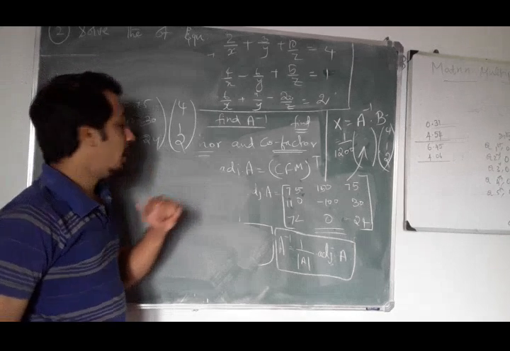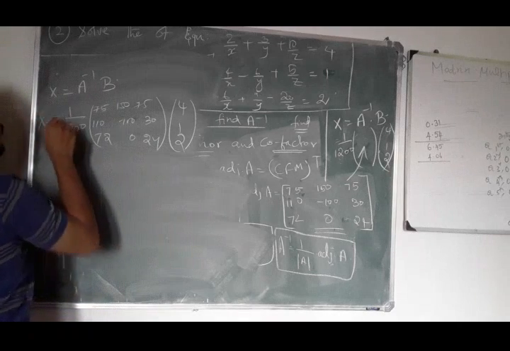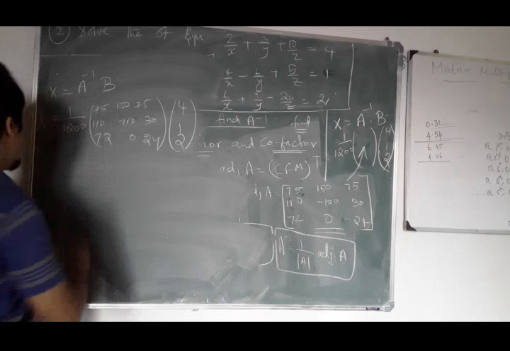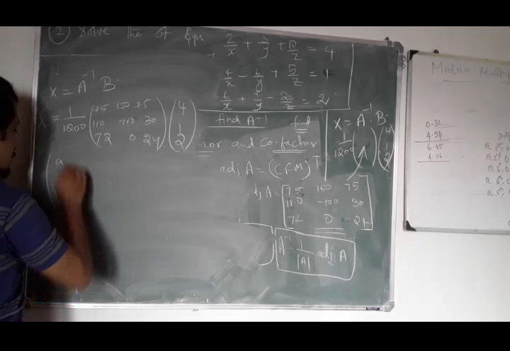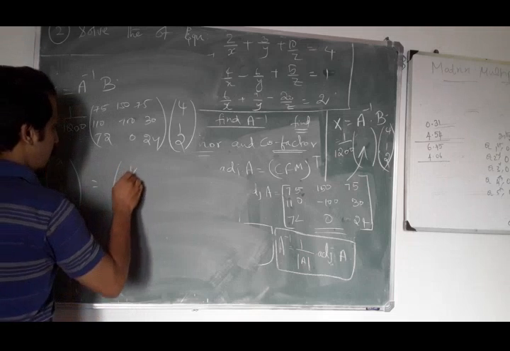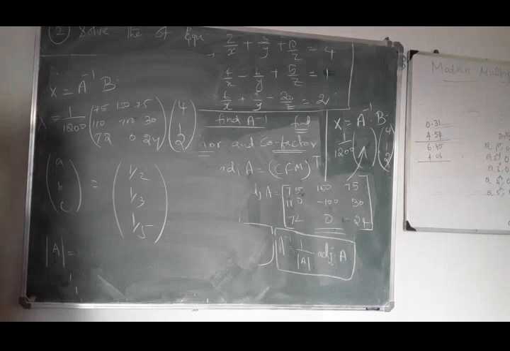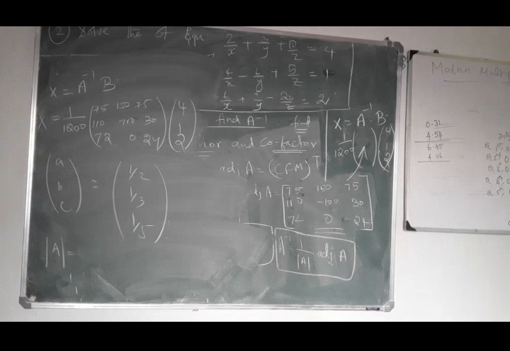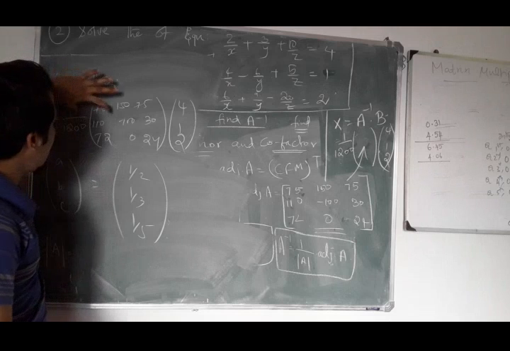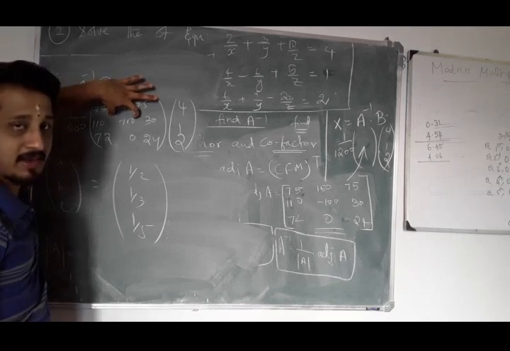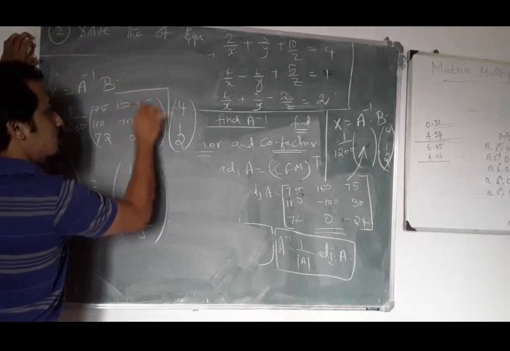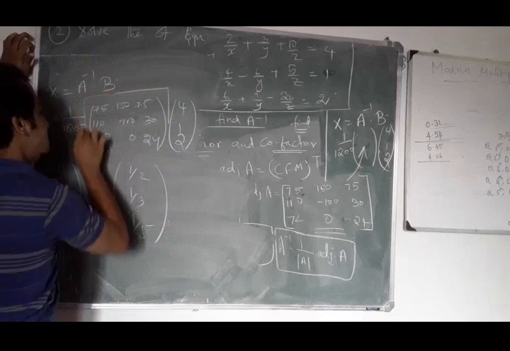Is it clear? Now what is the value of X? a, b, c, the unknown variables, is equal to 1 by 2, 1 by 3, 1 by 5 after multiplying. First you multiply these two matrices.